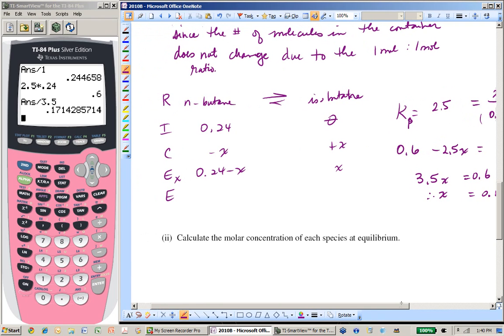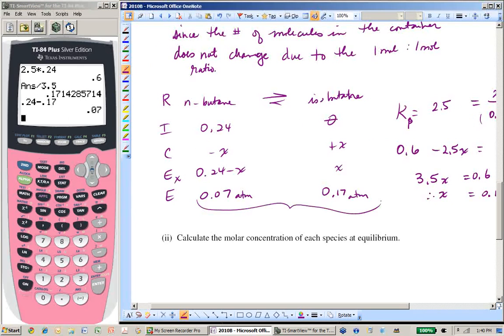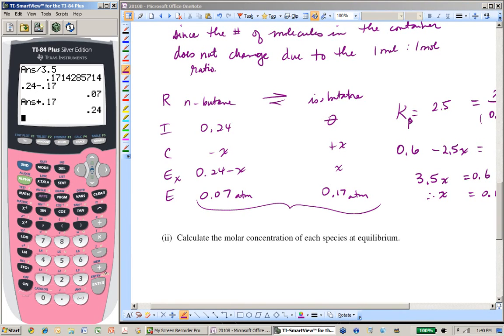So now I come over here and that's 0.17, and this would be 0.24 minus 0.17, and that comes out to be 0.07 atmospheres. What's the sum of the total pressure in the container? Does that look familiar?